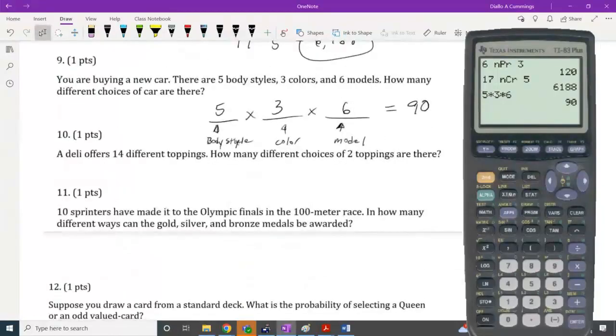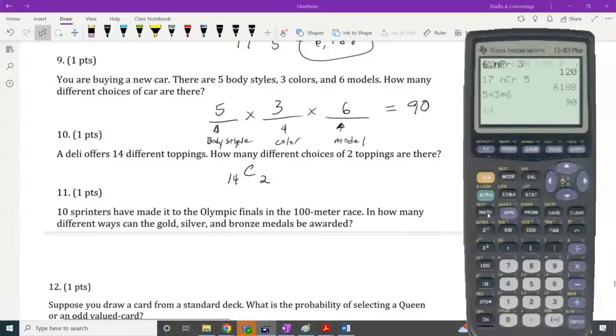All right, number 10. It says a deli offers 14 toppings. How many different choices of 2 toppings are there? Now notice when they give you 2 numbers like this, it would either be a combination or a permutation. So now, does order matter? This is a combination, right? So we're going to put this in as 14 combination 2.